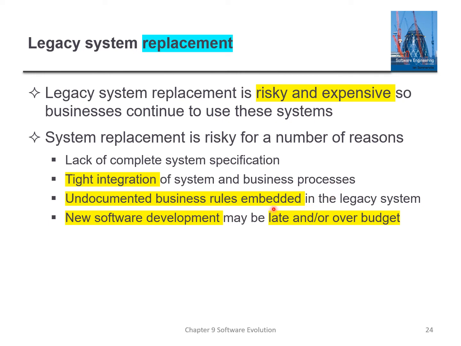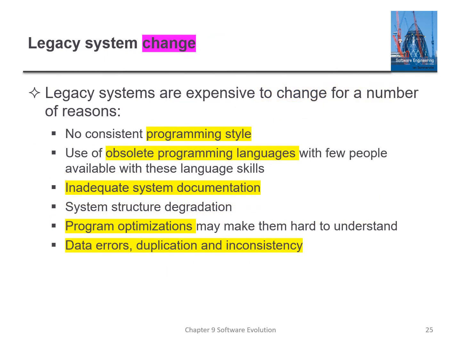Sometimes it is hard coded in the system, and of course the system specification documentation is not complete, because it's an old system. With any changes that happened, maybe the specification that exists is not the updated one, right? So if you want to develop a new system, of course, it will take you some time, right? You cannot use it straight away.